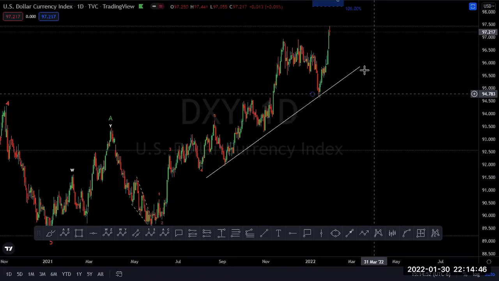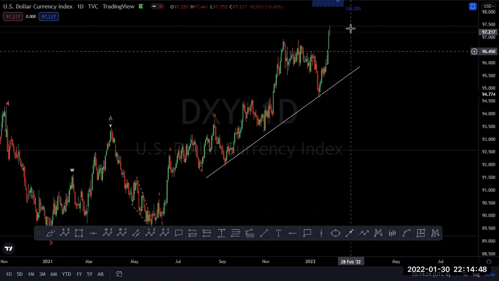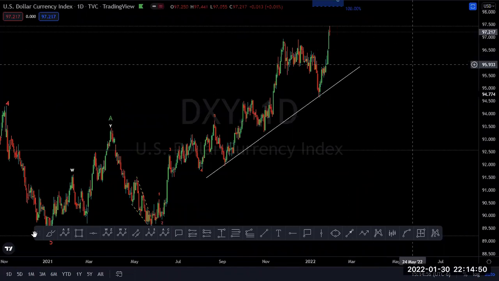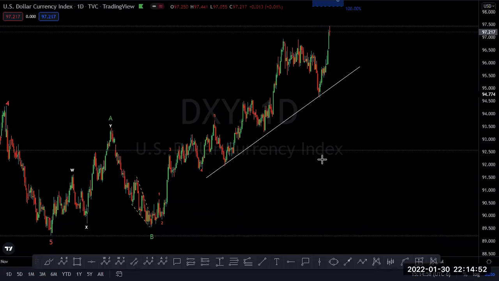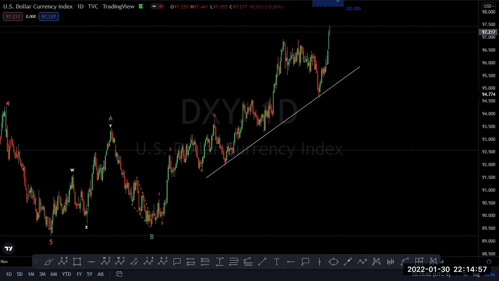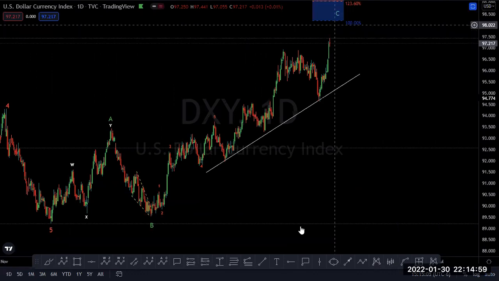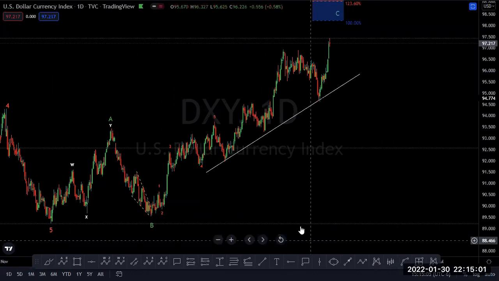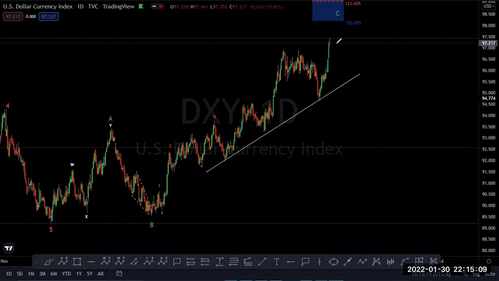DXY, we are almost at the end of the road. Okay, reversal, that is selling, can start anytime from now. But I think we're going to have another push up. Maybe you will see the price make a little move like this.